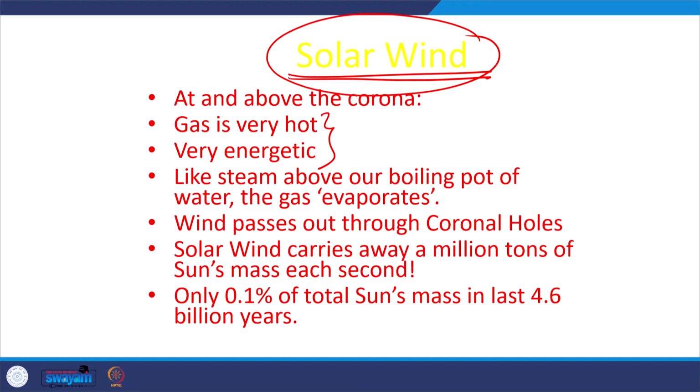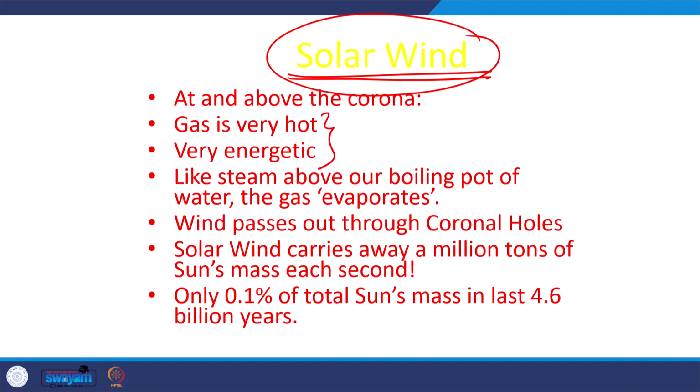But now it is enough for us to understand that solar wind is a constant stream of particles which are escaping the sun's gravitational pull and extending towards the edges of the solar system. Solar wind is obviously plasma, highly energetic plasma, and sometimes it will be supersonic in nature. Okay, so which means there is a lot of gas that is going away from the sun. So millions of tons of mass is escaping from the sun each second.